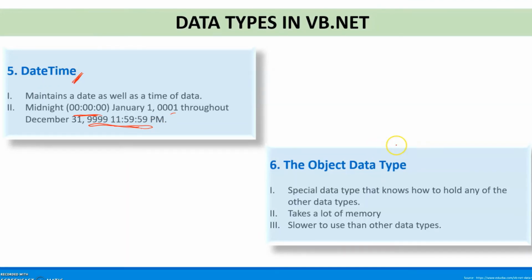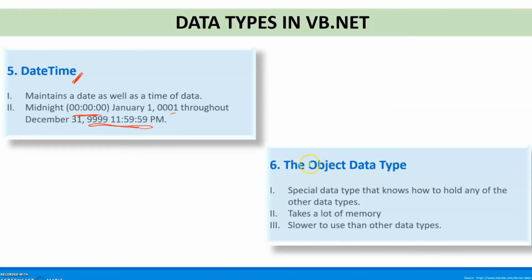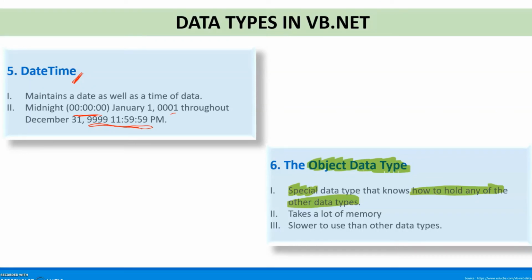And the last one is the object data type. What does it mean? The object data type is a special data type that knows how to hold any of the other data types. When you write programs in the practical session and declare different variables, you can see the difference between other data types and the object data type.